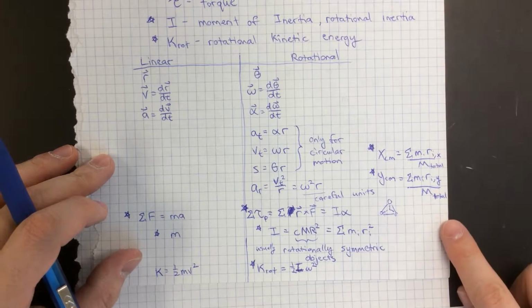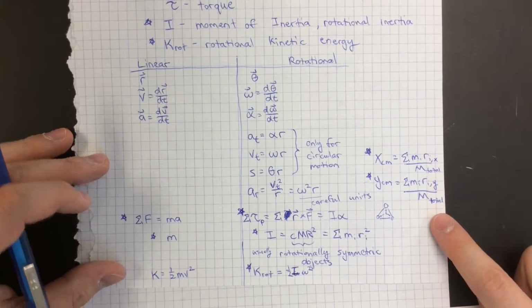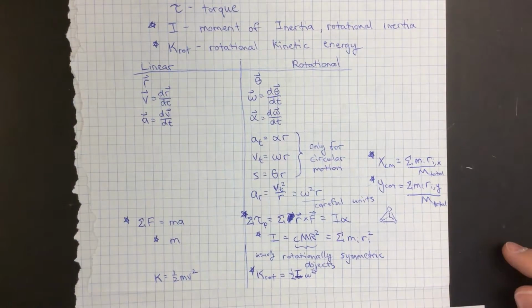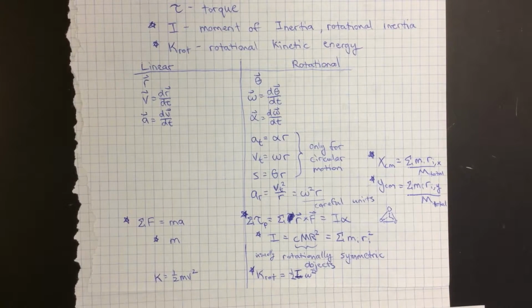Okay, this last thing that I have on the side: when you take an object and you start to spin it, you throw it in the air, for example. If my masses are not evenly distributed, this is a very concentrated mass at the end. When you spin it, it doesn't spin around the geometric center, right? It spins focused more on where it's heavier, where the mass is concentrated.